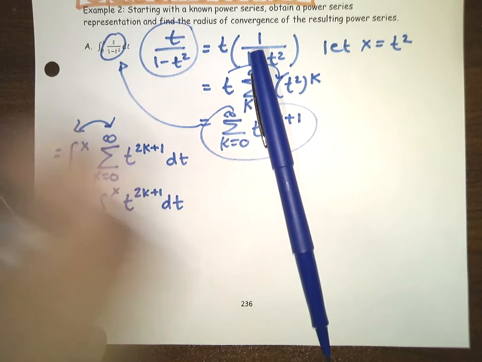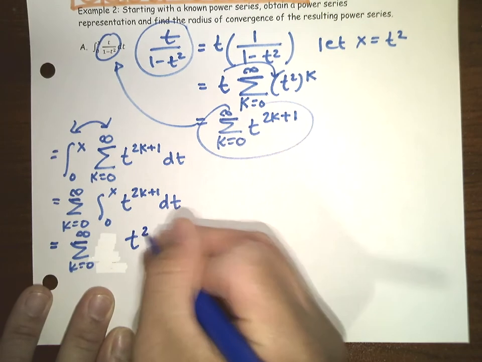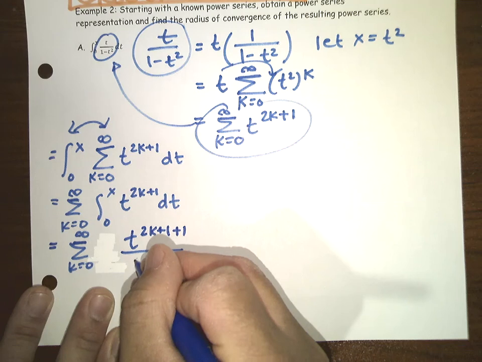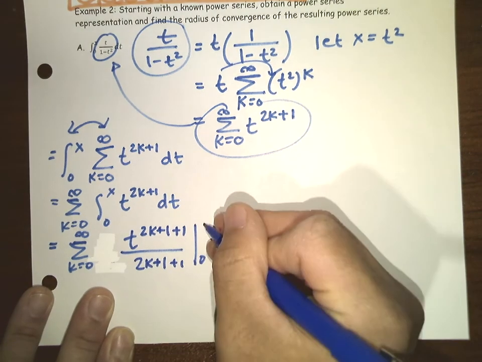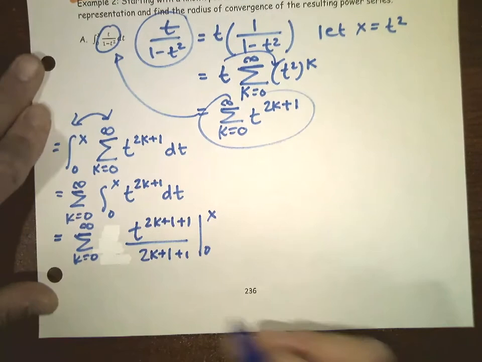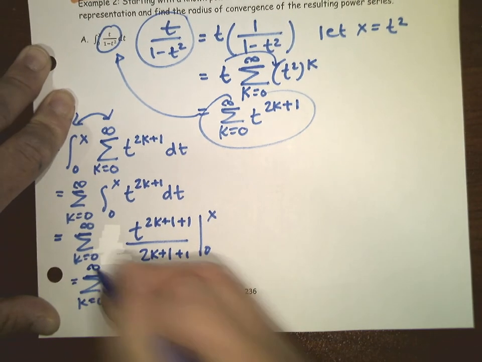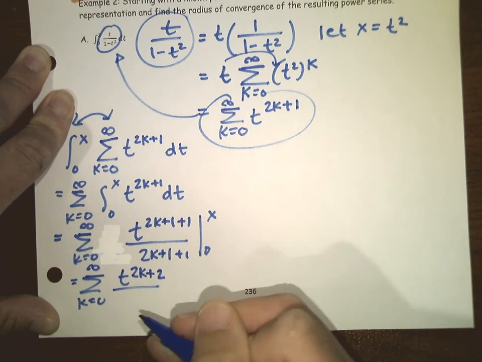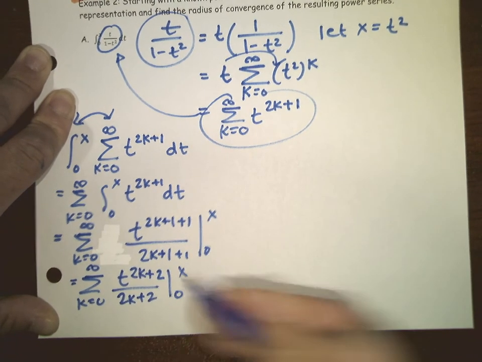So I have t to the 2k plus 1 over 2k plus 1, evaluated from 0 to x. So if I do that, I have the sum, k equals 0 to infinity, of t to the 2k plus 2 over 2k plus 2, evaluated from 0 to x.